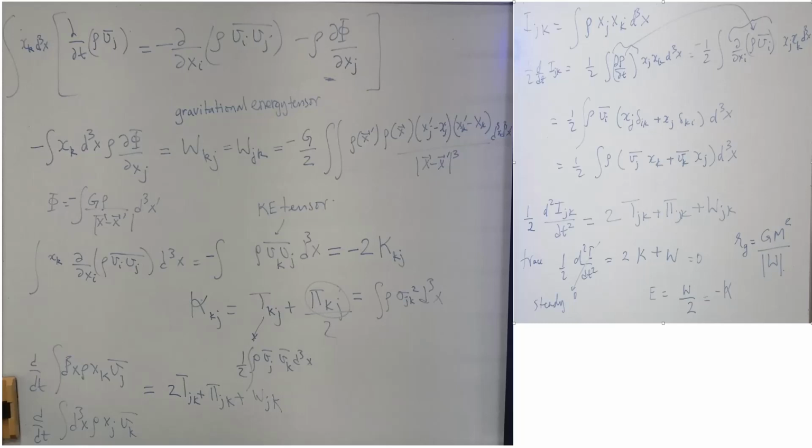For example, in a globular cluster, you measure the velocity dispersion v squared, you know its size, so you can actually get its mass from the virial theorem. So it also gives you a sense of the mass content of the system. This is one of the ways in which you can use it. So actually, virial theorem is quite an important thing to be aware of.